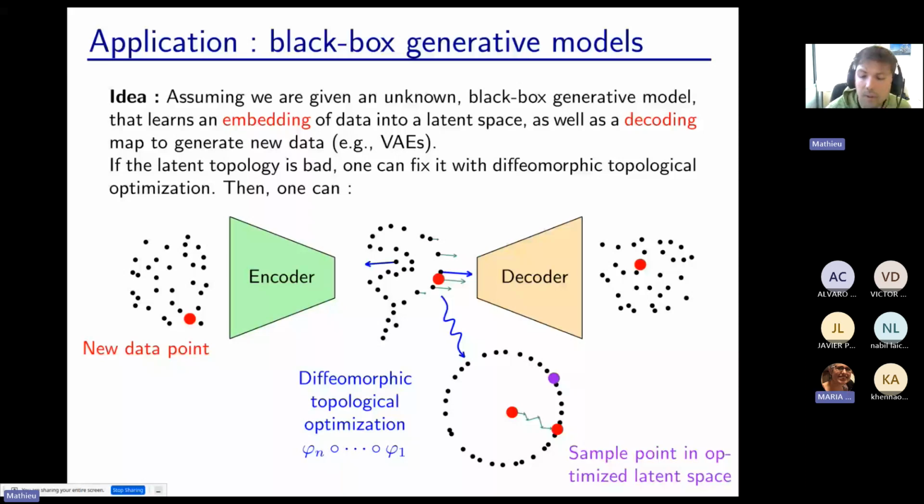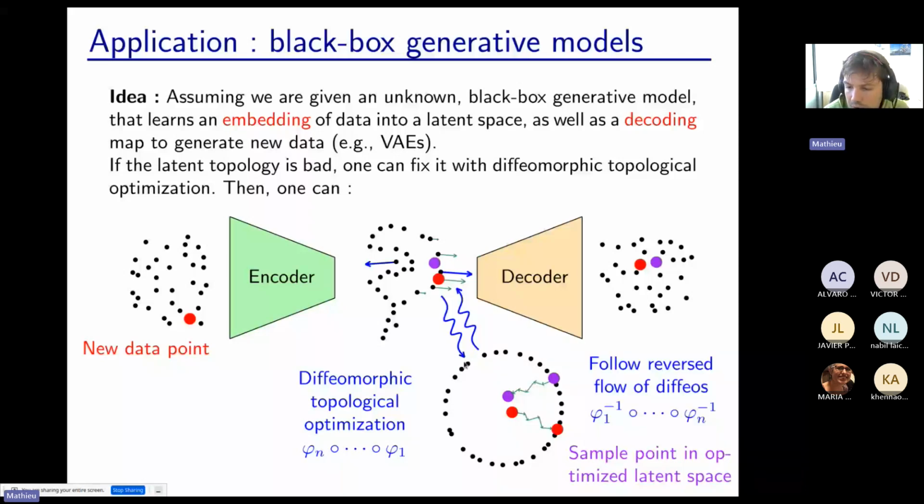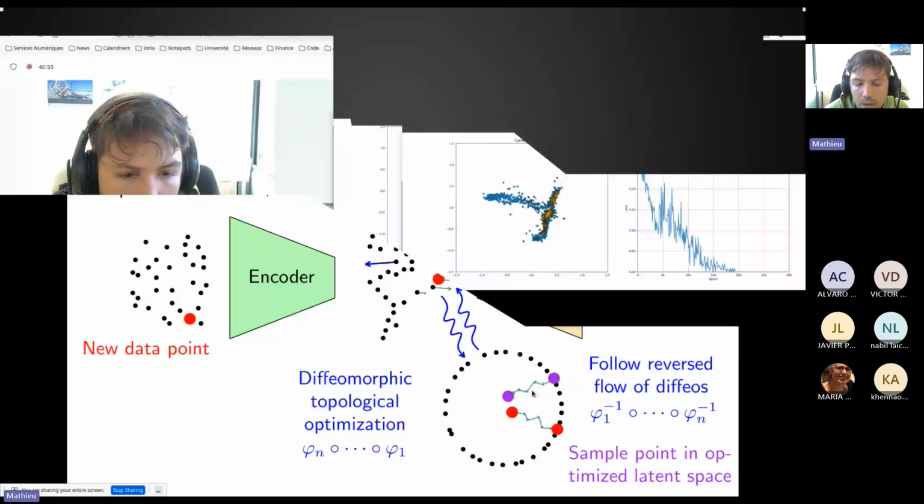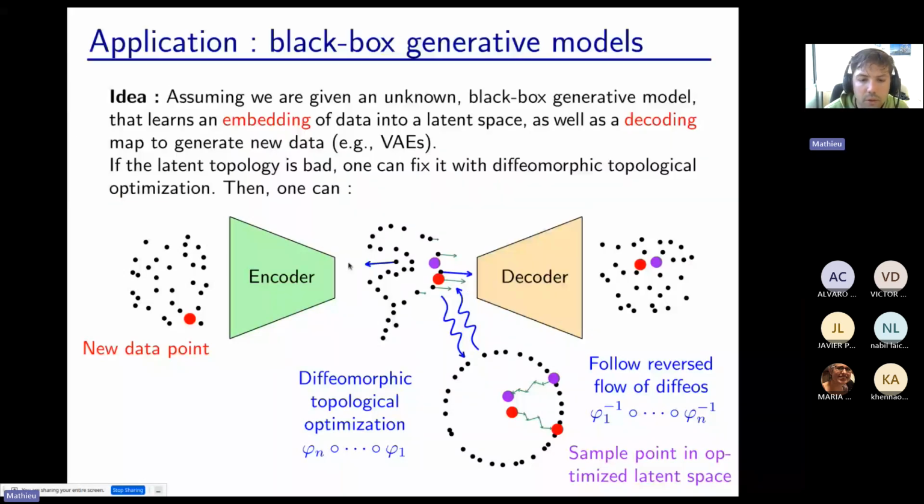Another nice thing is that now I can also sample a point directly on the circular space, follow the inverse of the diffeomorphism to push it back to where it should be on the latent space learned by the encoder, and then decode it somewhere. Which means you can really provide me a black box autoencoder.